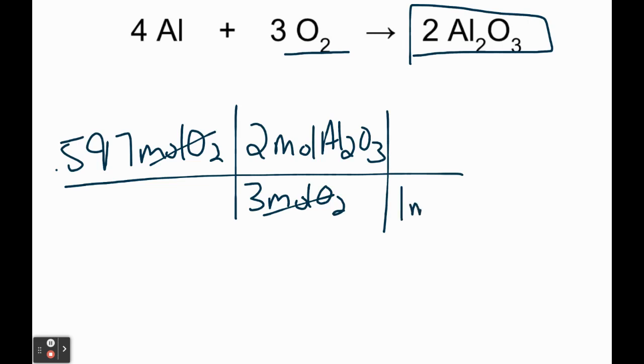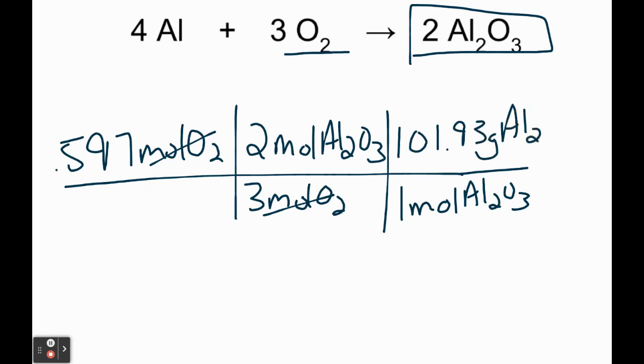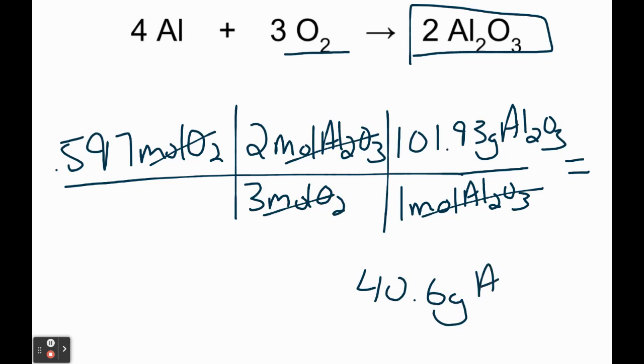So 1 mole of Al2O3 on the bottom, and the molar mass is 101.93 grams of Al2O3. So moles of Al2O3 cancels out, and grams is what we're left with. So when you solve for that, you should get 40.6 grams of Al2O3.